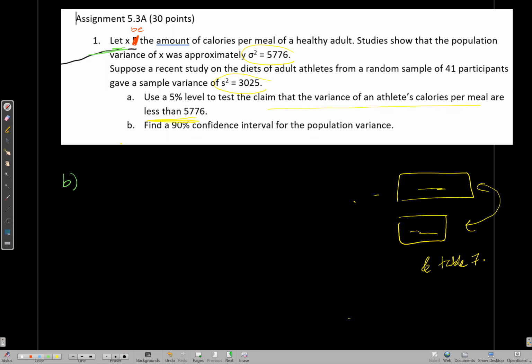For part B, what you need to do, for chi u squared, that is the chi squared value from table 7 with df equals n-1 and right tail area. In both cases, it's right tail area 1 minus c over 2. Now, what is c?